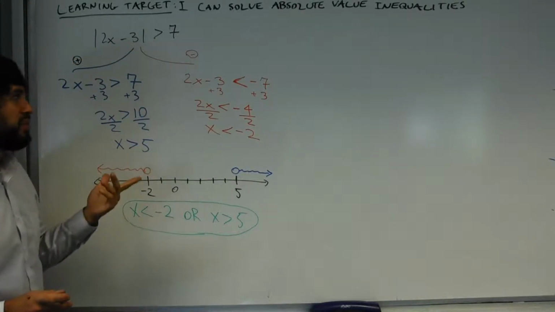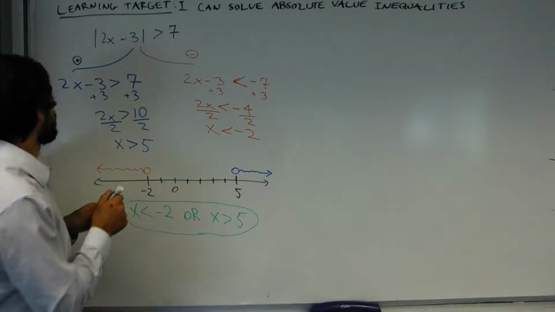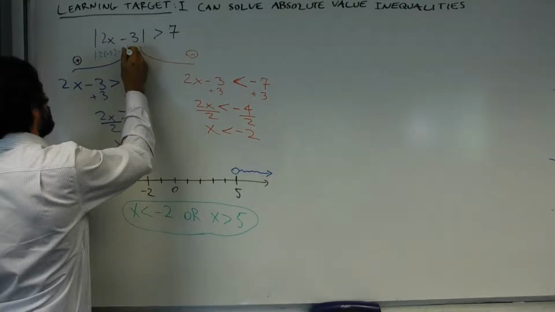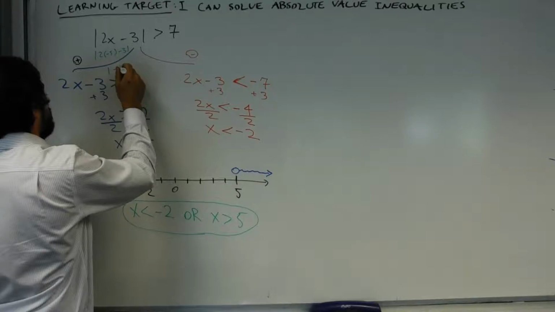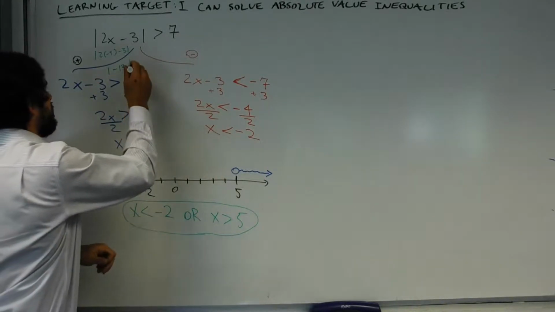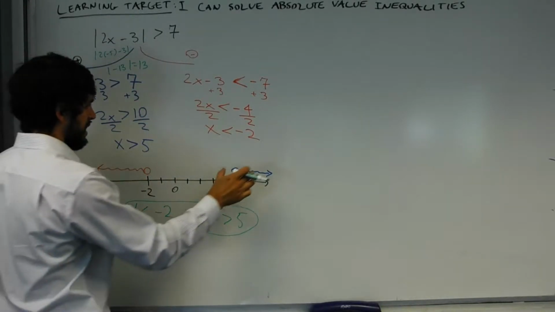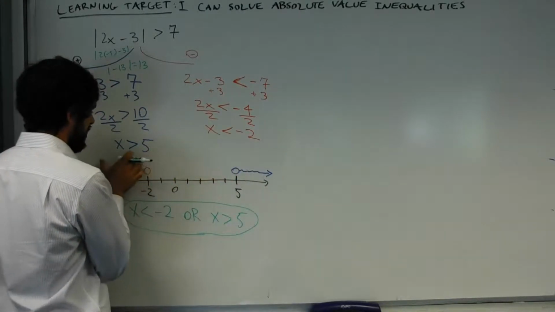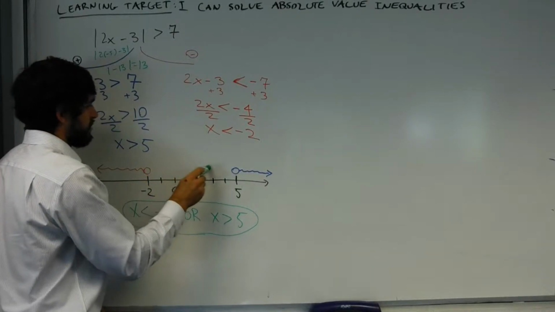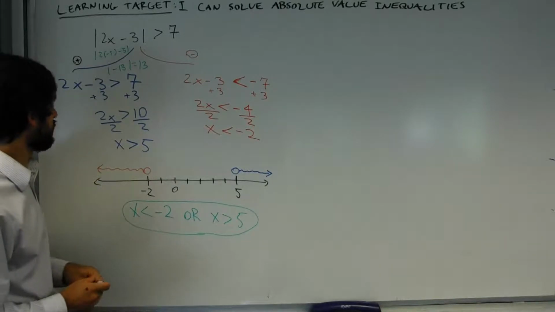An example of that could be negative 5. If we plug in negative 5 here, we get 2 times negative 5 minus 3, which is equal to absolute value of negative 13. Once we hit it with the absolute value, that makes it 13, which is greater than 7. So we get these two areas on the other sides, and this area in the middle doesn't work. That covers our greater than case.